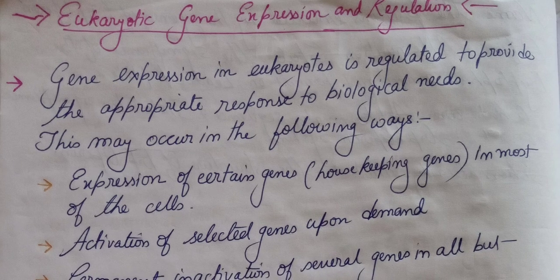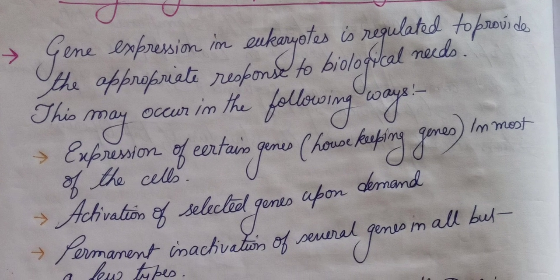So gene expression in eukaryotes can occur in the following ways. One, expression of certain genes, which are also called housekeeping genes, in most of the cells. Most cells have some common genes which are needed to express fully all the time, and those are called housekeeping genes.